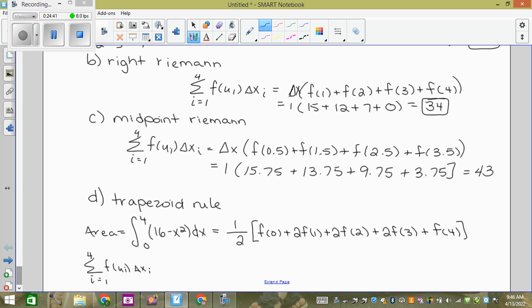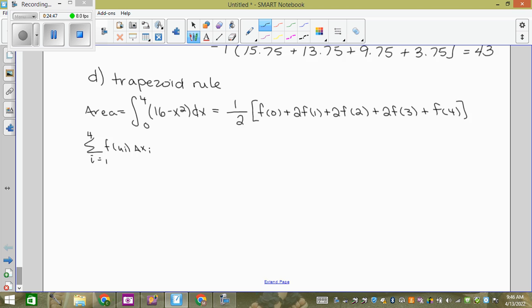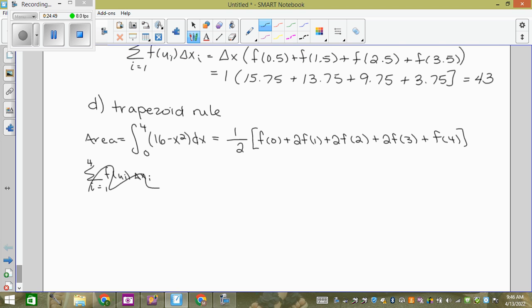Your endpoints only happen once because you are actually only using that arm once, right? Okay. So we get 1/2, f of 0 is 16 plus, plus, plus, plus. What do we get?